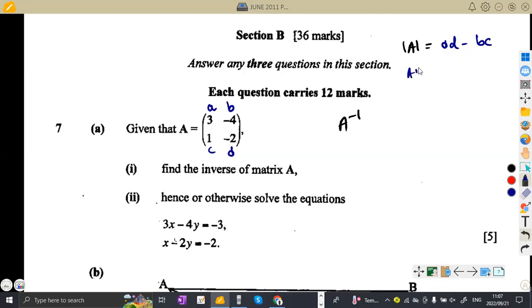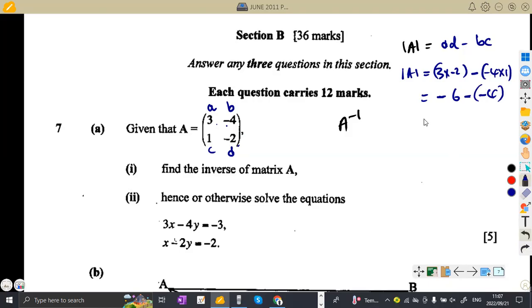So that means the determinant of A in this case is going to be AD minus BC, which is 3 and negative 2. So it's going to be 3 by negative 2 minus B and C, which is minus 4 by 1. Okay, 3 by negative 2 is negative 6, minus 4 by negative 1 is negative 4.